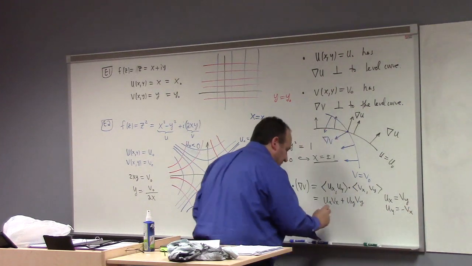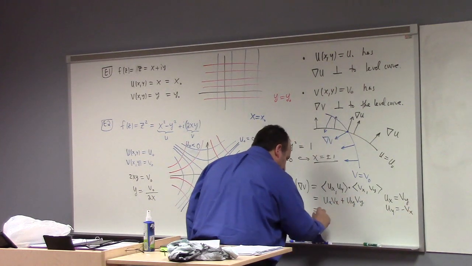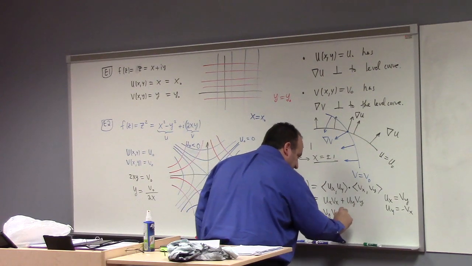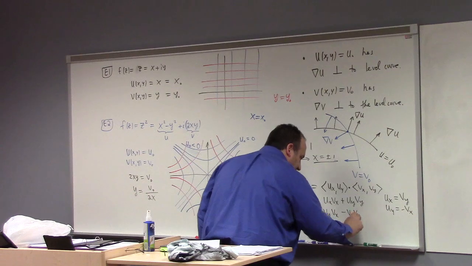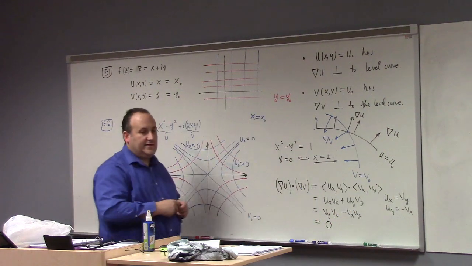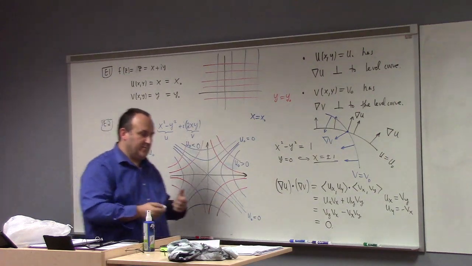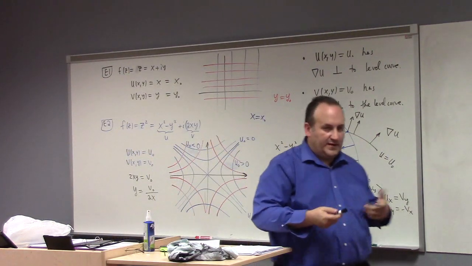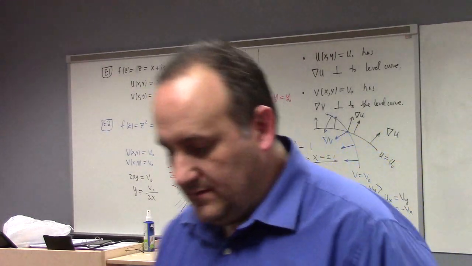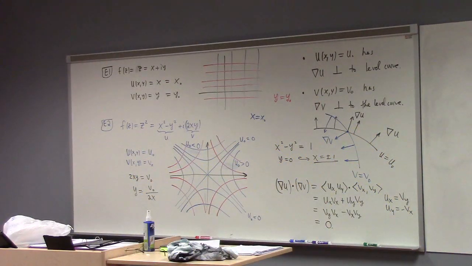So I'm going to trade my u's for v's. ux is vy. So I get vy vx minus vx vy. Hey, what do you know? 0. And this analysis works provided what? Provided that the gradient of u and the gradient of v are non-zero, which will be the case when the complex derivative is non-zero, all right?